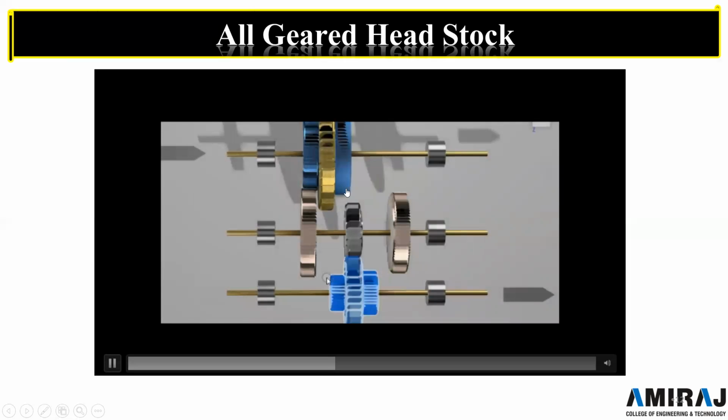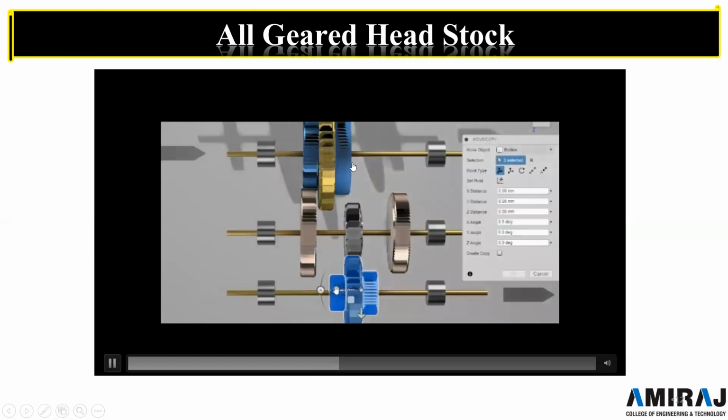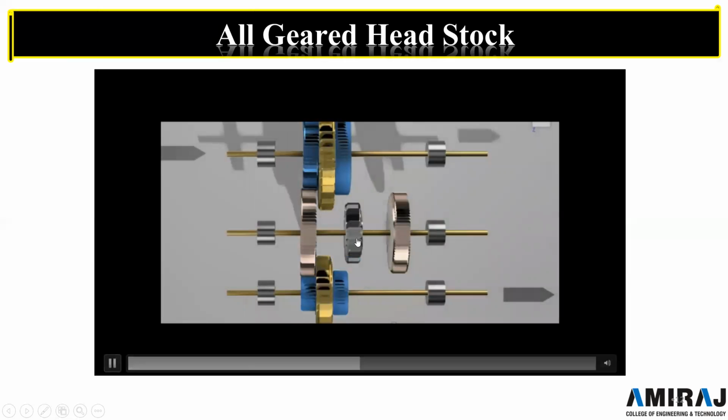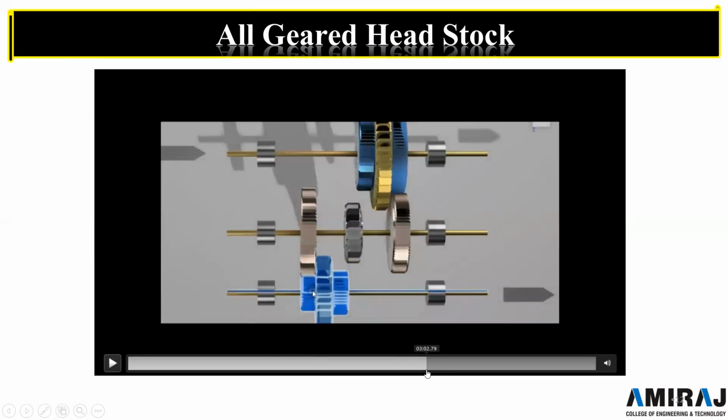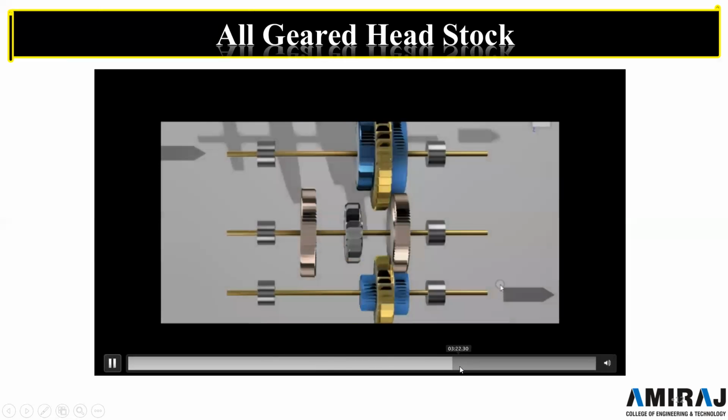Now for the next gearing arrangement, if we change the gear over here, we can transmit the power. By changing this we can change the speed. So various combinations of gear diameters are used to change the speed. Here you can see.